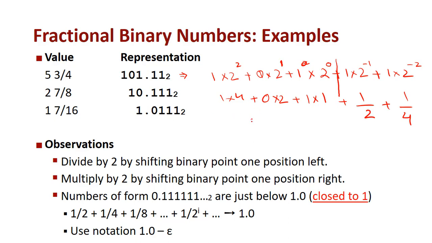So it will be 4 plus 0 plus 1 into 1, which is 1, plus half, and then plus 1 upon 4. If you add up, you will get this number. Any questions? If you have any question, you can refer to the video time and ask me in the forum.